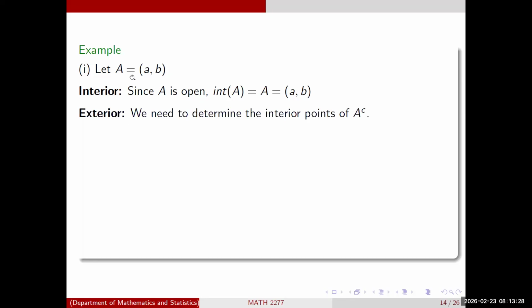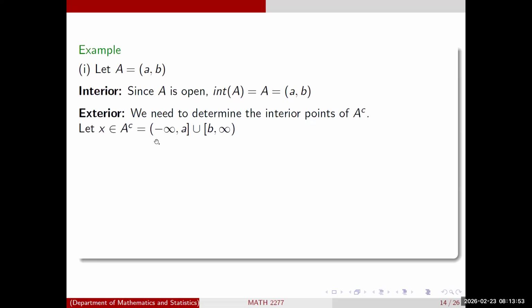What is the exterior of this set? Now the exterior is the same as the interior of A complement. So to get the exterior, we are going to write down A complement, and try to figure out what is the interior of that new set.